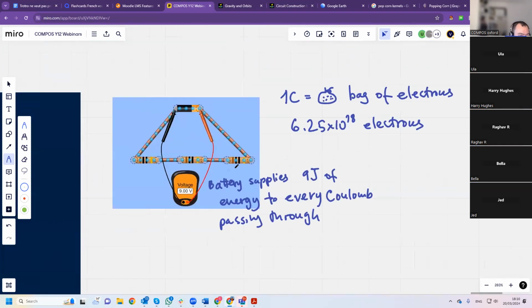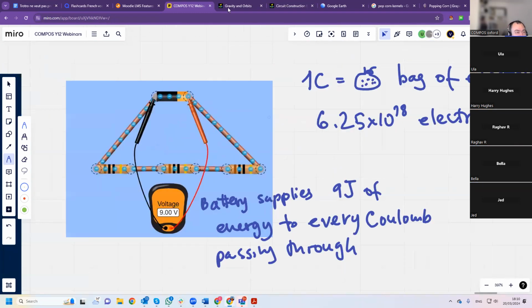The battery supplies 9 joules of energy to each coulomb passing through. Why would you care about the surface area of a popcorn kernel?